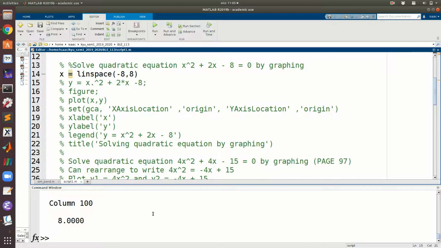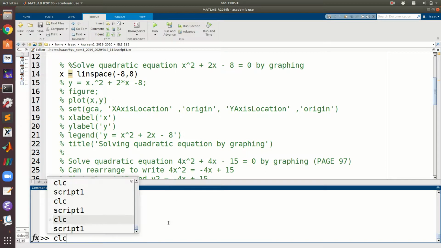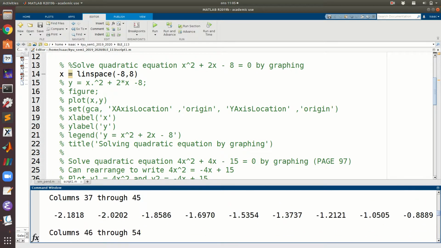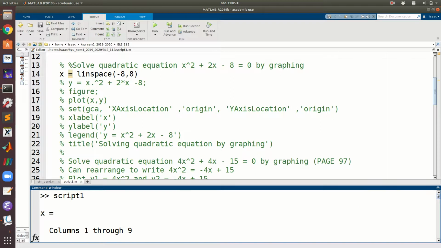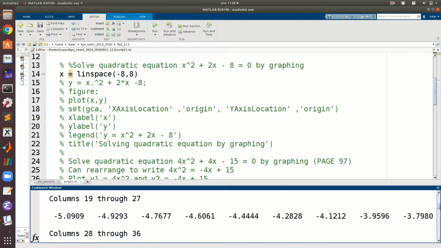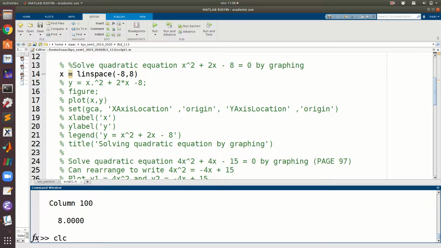What linspace does is give us values ranging from negative 8, with a particular interval or spacing, up to positive 8.